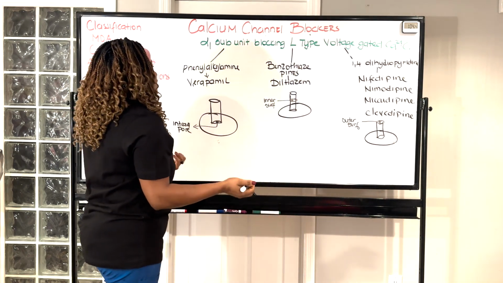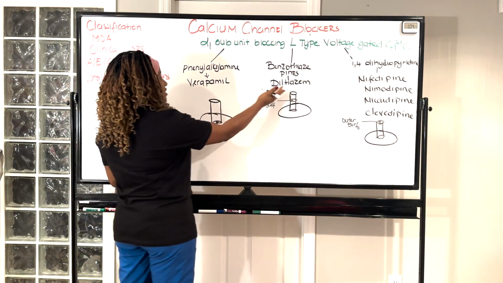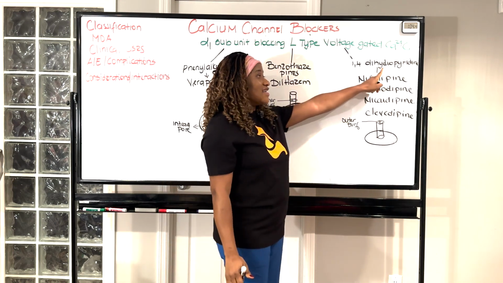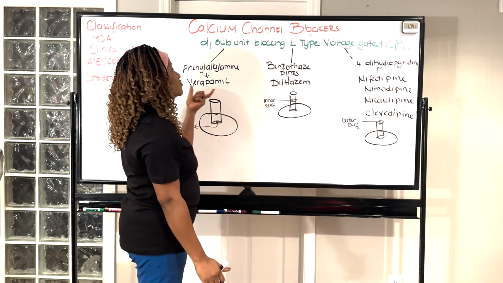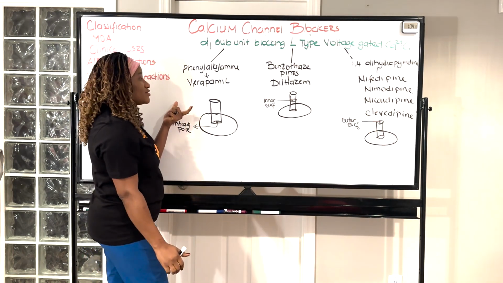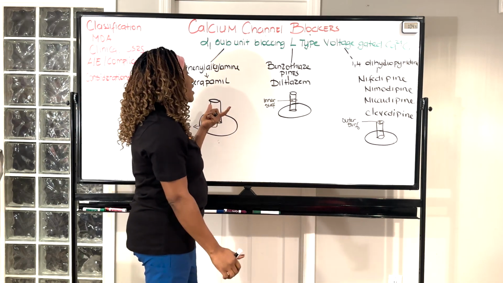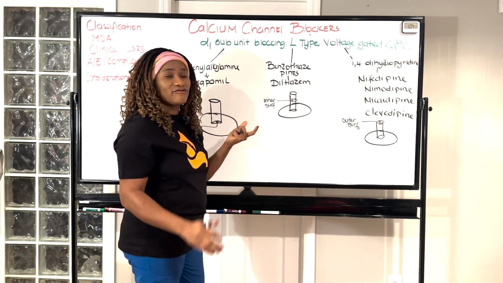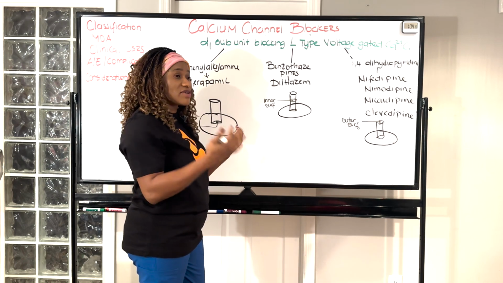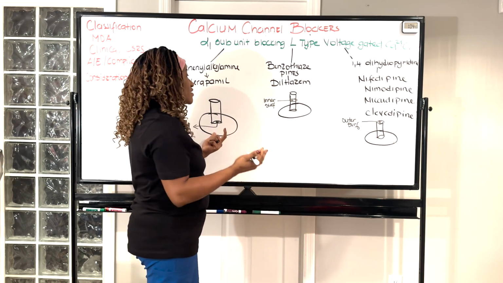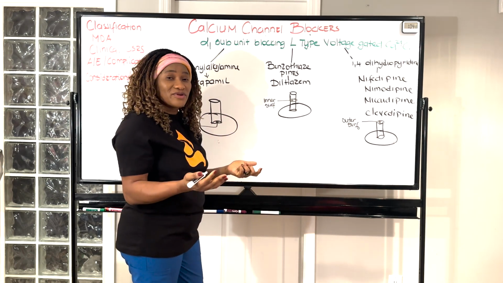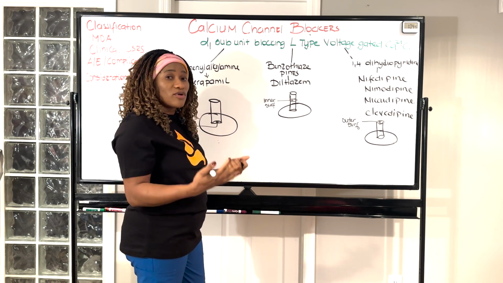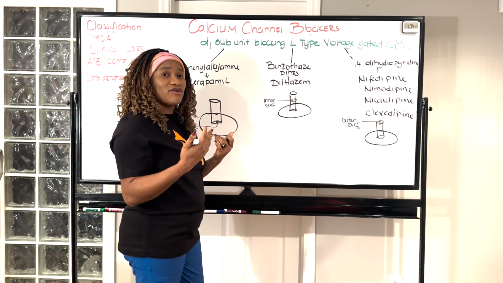Because verapamil and diltiazem are not dihydropyridines, we can call them the non-dihydropyridines. The non-dihydropyridines are going to have this property of use dependency, or frequency dependence, because the more the channel is open, the more they can block the entry of calcium.